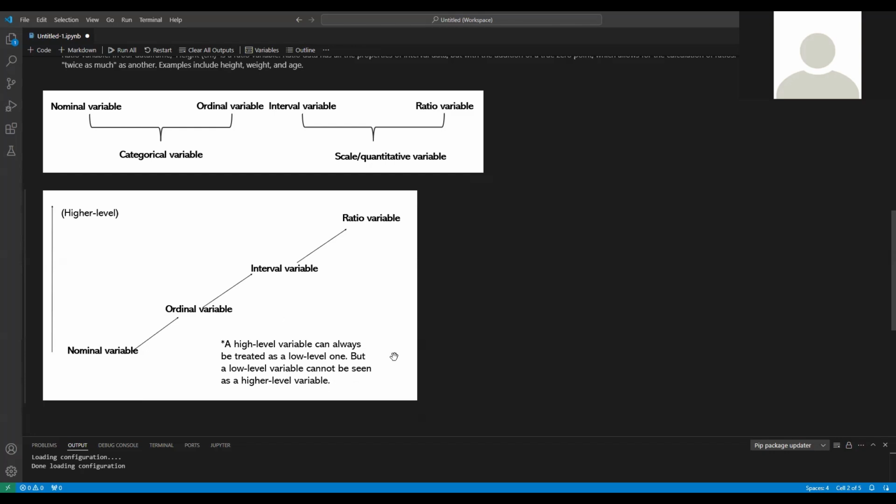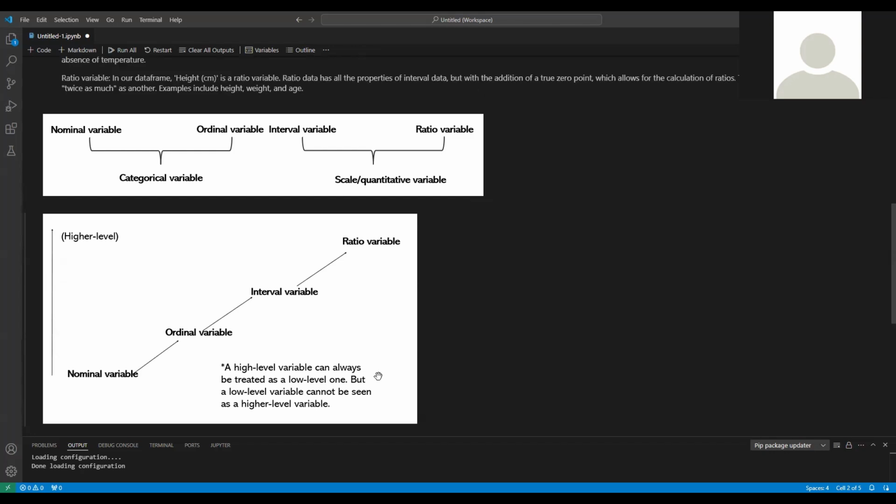And the reason is that a higher level variable can always be treated as a lower level one, but you can't do it the other way. You can't treat a lower level variable as a higher level one. As we mentioned in the beginning, different types of data have different kinds of statistical techniques to analyze them.